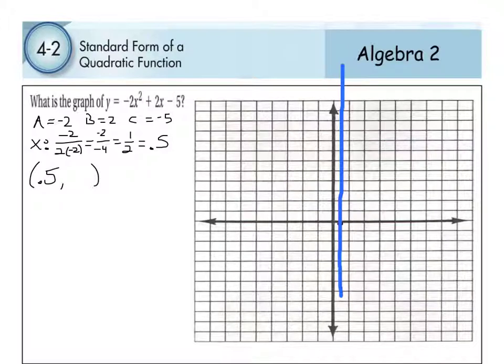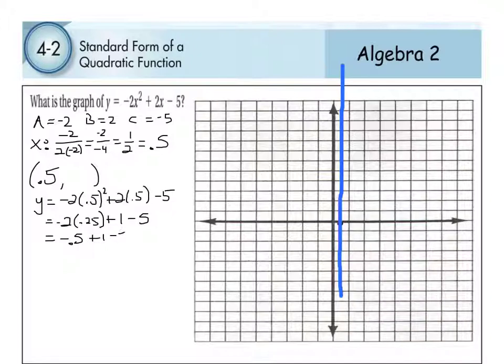Now I've got to put that value in. So y equals negative 2 times 0.5 squared plus 2 times 0.5 minus 5. 0.5 squared is 0.25, so negative 2 times 0.25, plus half of 2 is 1. 0.25 times negative 2 is negative 1/2, so negative 0.5 plus 1 minus 5.